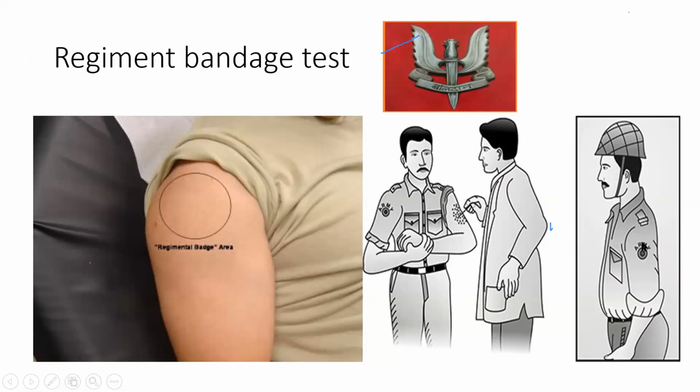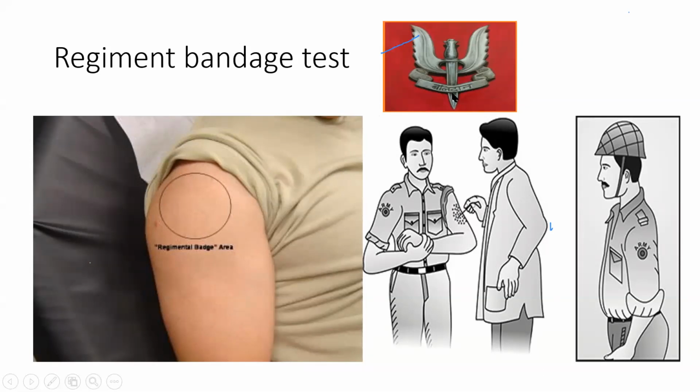If there's a dislocation, while the doctor is testing at that location, you will feel anesthesia or hypoesthesia, meaning the sensation would be less because of nerve irritation or nerve injury, probably the axillary nerve. There is anesthesia at this area. It should be badge, but the word is bandage test. So this is the regiment bandage test.